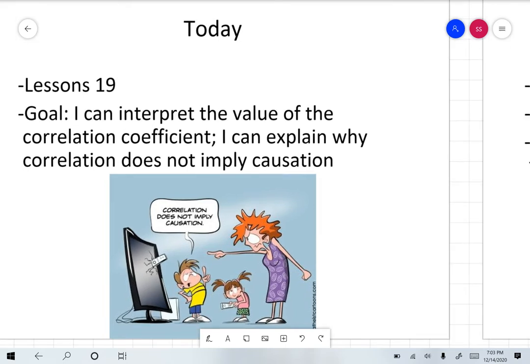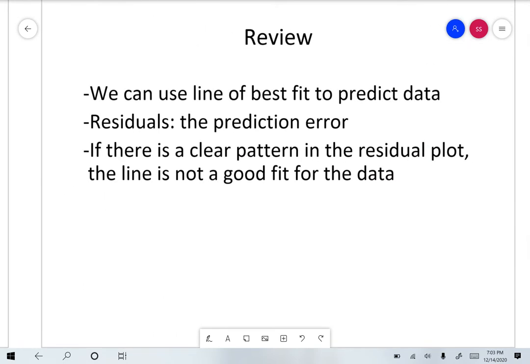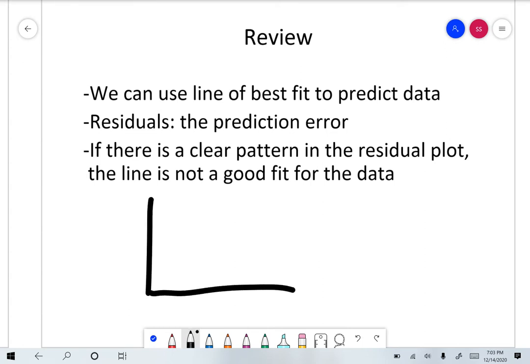Here we go. Quick review before we jump into new stuff. If we're given some data, we can use a line of best fit. So we have some data that looks kind of like this, and we can use a line of best fit to predict other data.